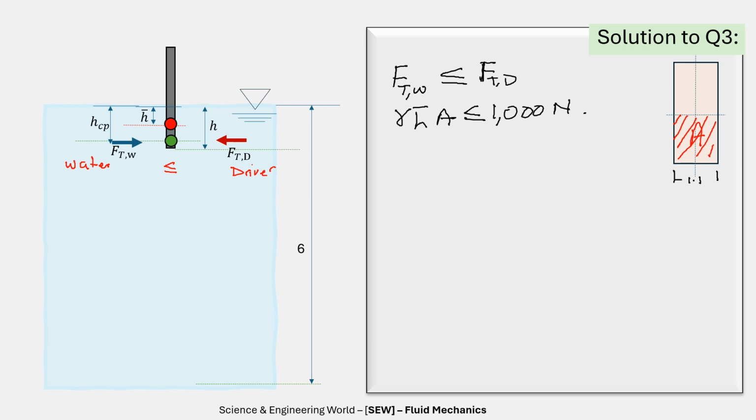That's the width of the door. But the height will now depend on how far the water is on the door. That is, H will now be from here to there.